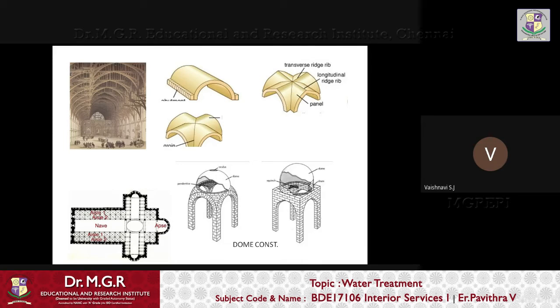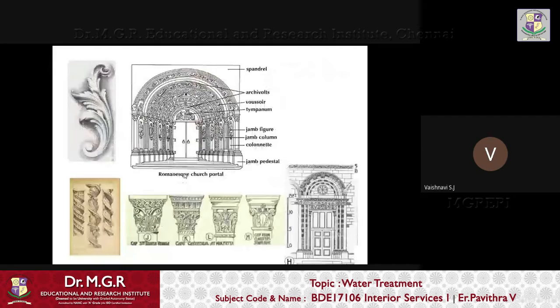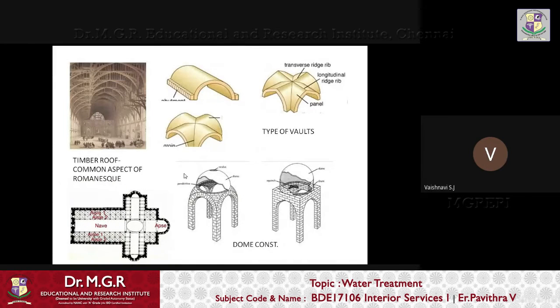Next one. What about this dome construction? What are these two types of dome construction? You can name at least one. Just a reminder, hexagon shape. There is a specific name for it, a common name.